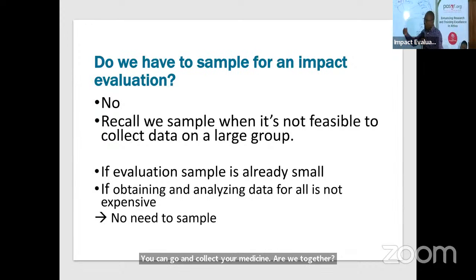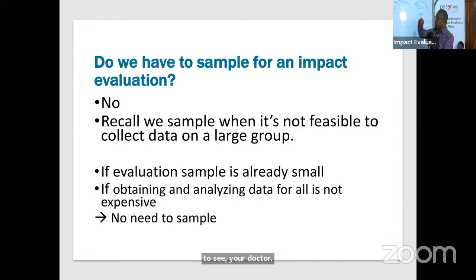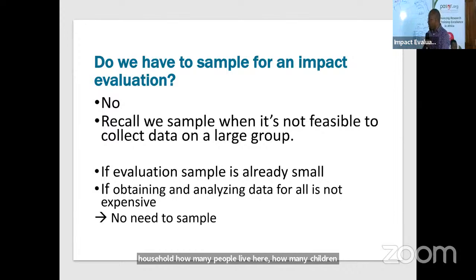And because that CPR is attached to you and your family, and you're mapped with your doctor, so you have a family doctor. So they know in this household how many people live here, how many children are here. You understand?